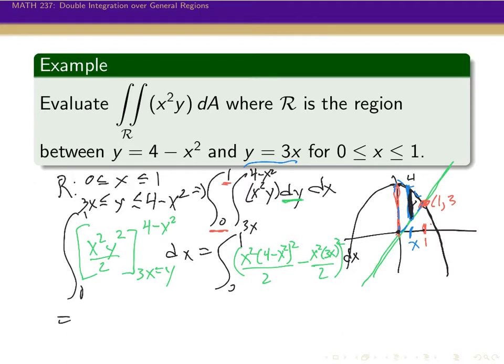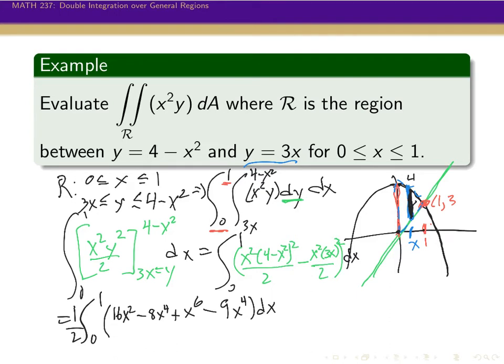And so let's multiply this out. The integral from 0 to 1 of, everything has a 1/2, so I'm just going to pull that 1/2 out. I have x squared times 16 minus 8x squared times x squared gives me 8x to the 4th, plus x to the 4th times x squared gives me x to the 6th, minus 9x to the 4th, dx.